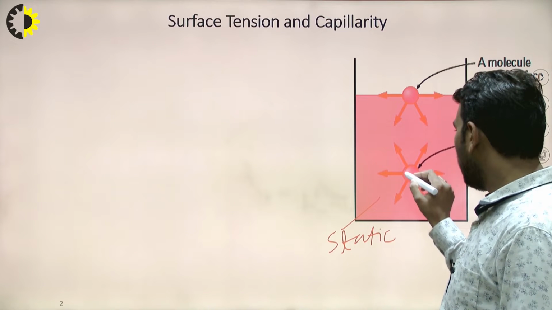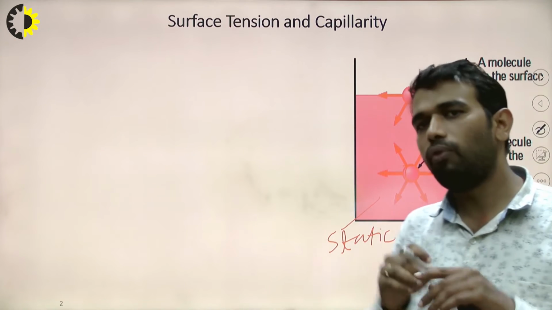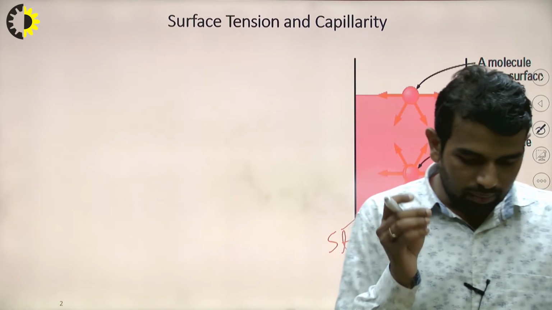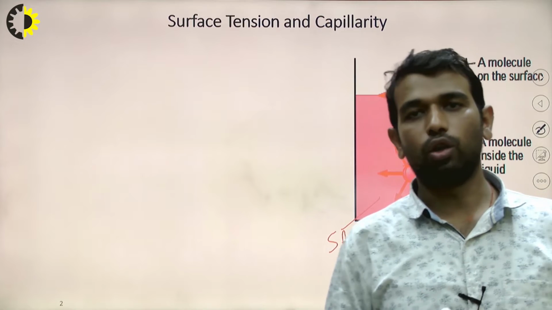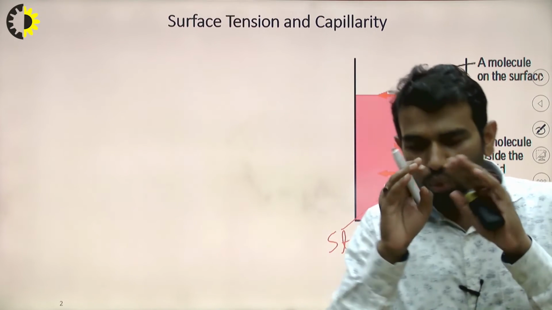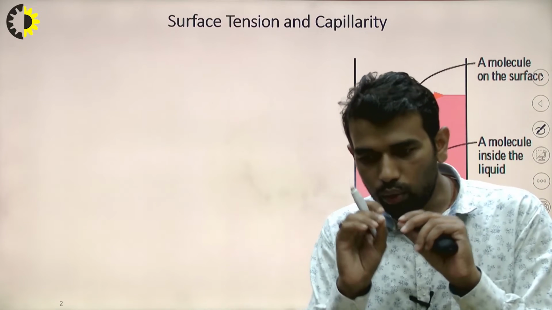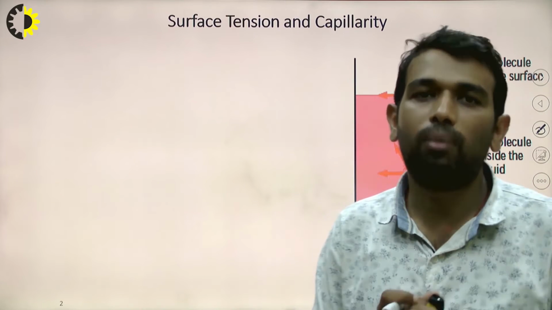If you try to find out how the cohesive force is going to act, what is cohesive force? The forces which act between similar molecules. So, if you see the molecule I chose, it is surrounded by the same fluid. So, they are going to apply the cohesive force on the molecule.